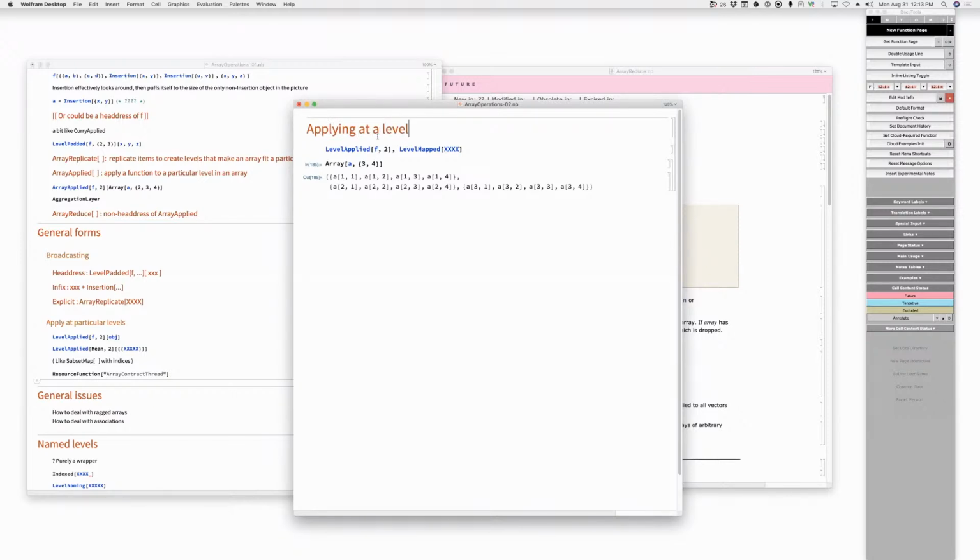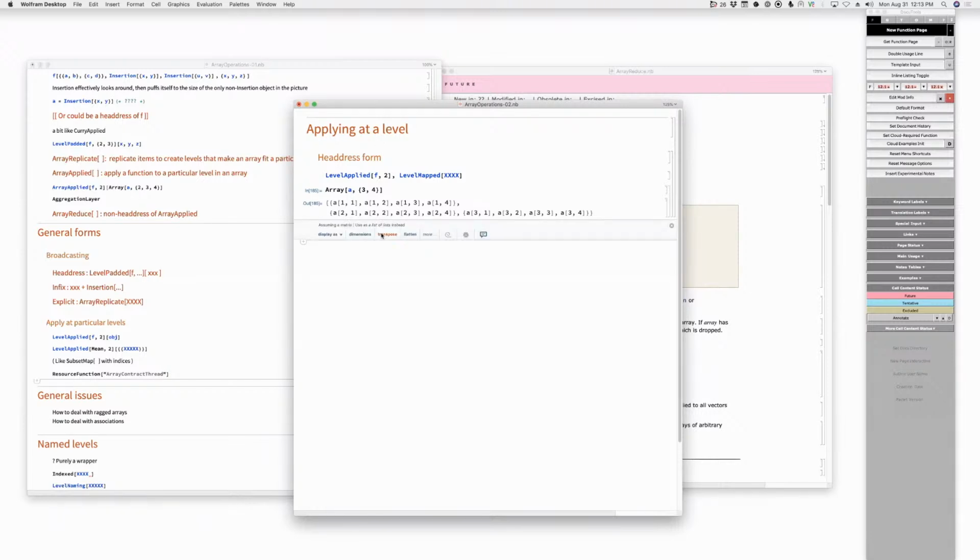There's the headdress form, and there is the explicit form. And the explicit form is ArrayReduce. Is that correct? Yes. Okay, so that's applying at a level.